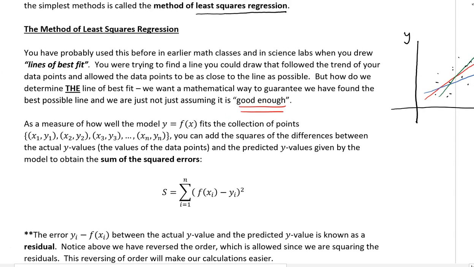In general, when we're finding models, they don't have to be lines. They can be logistic functions, exponential functions, trig functions, they can be kind of anything. But for simplicity, we're going to stick with lines for this first example, finding the line of best fit. And how we're going to do that is with a model obtained by the sum of squared errors.